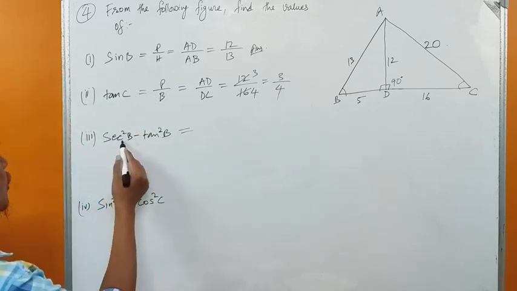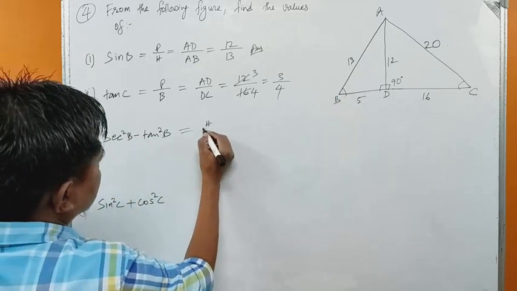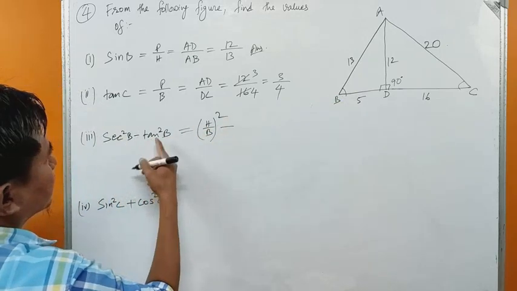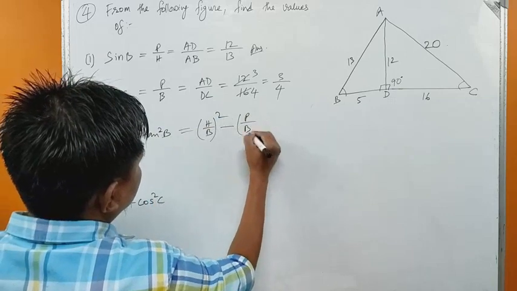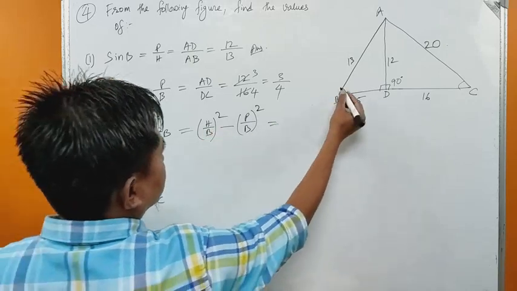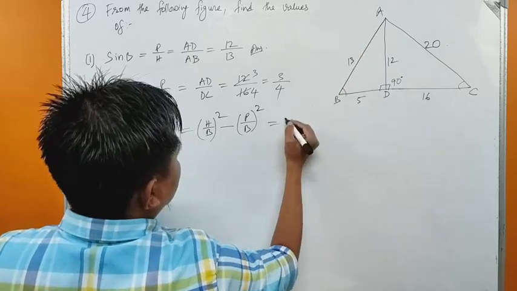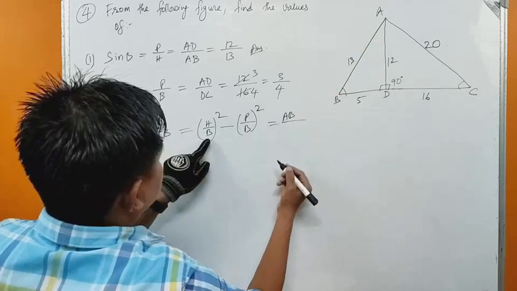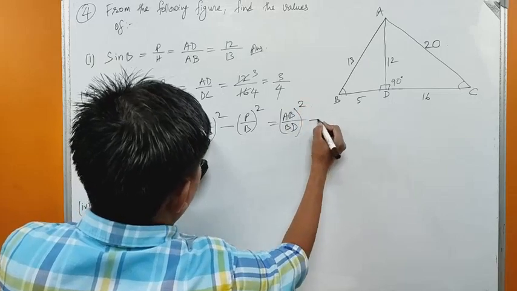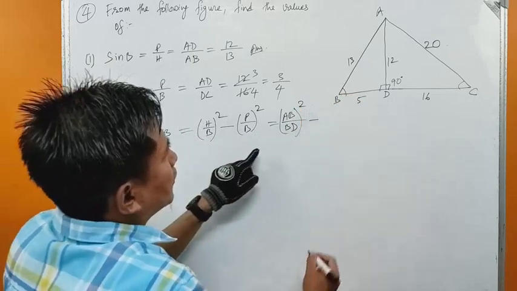Now sec square B minus tan square B, again this angle. Sec theta is hypotenuse upon base, squared, minus tan theta, which is perpendicular upon base, squared. When we talk about angle B, hypotenuse is AB, base is BD, and perpendicular is AD.